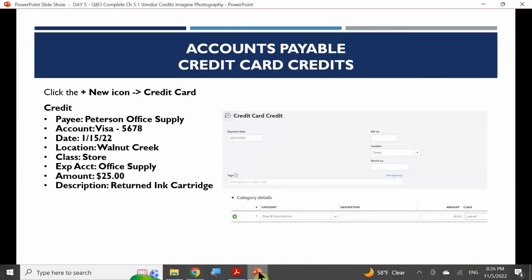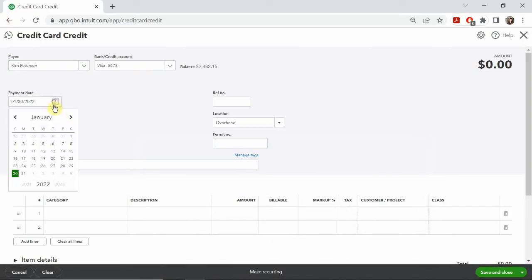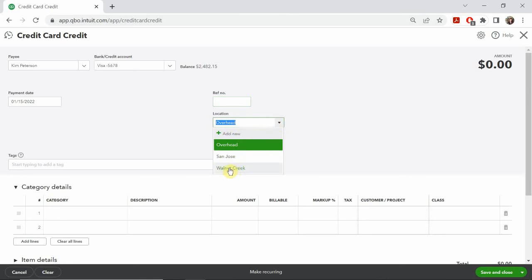We said the date that we're going to be receiving the refund for is January 15 for the Walnut Creek location. If you had billing information on your receipt, you would enter the reference number, but in this case we didn't have any. Once again, this was for the Walnut Creek location.